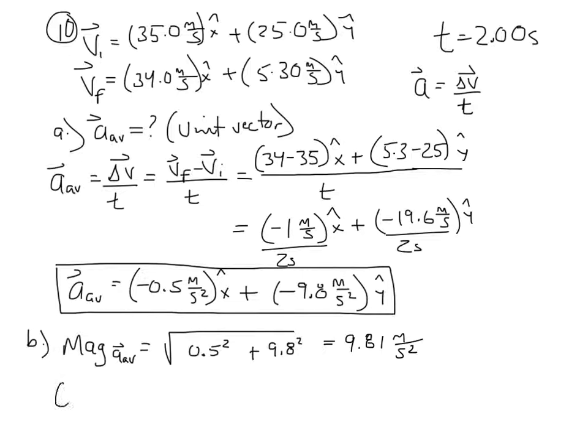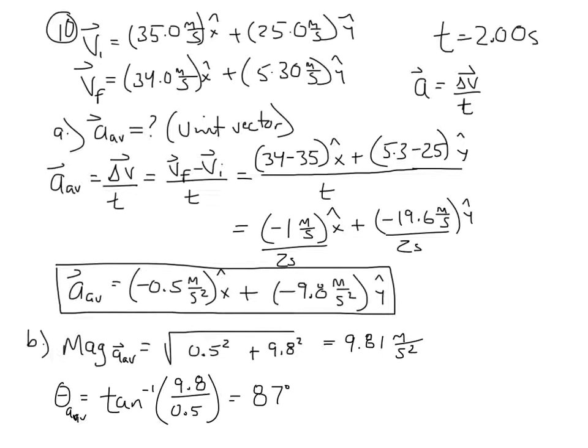At what direction? Well, the direction is going to be the inverse tangent, so the direction of the average acceleration a_av is inverse tangent of the y over the x. So that's going to be 9.8 over 0.5. Inverse tangent, 9.8 divided by 0.5, is 87 degrees.